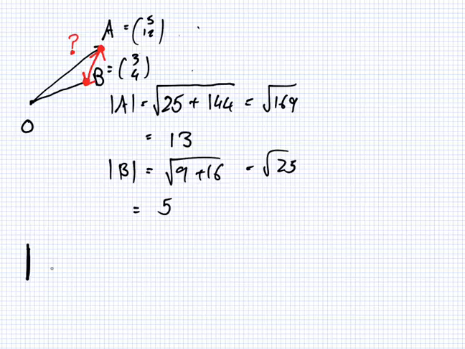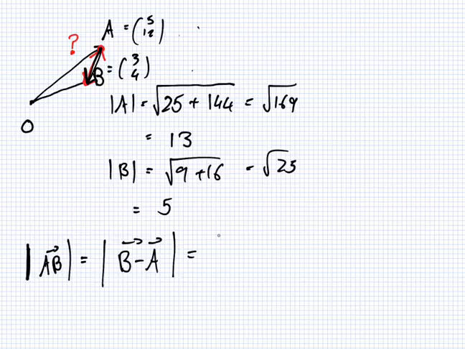Okay. You want to get the length of the vector AB. You want to know how big this vector is, A to B. Now you don't know what the vector A to B is, but you do know what the vector A and the vector B are. So AB is B minus A, and you know each of the B minus A's.